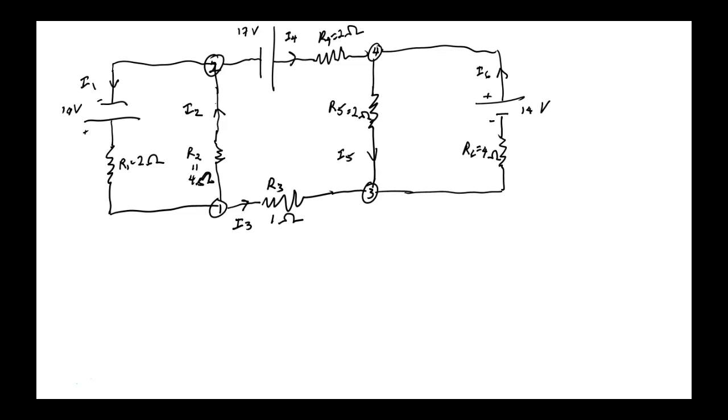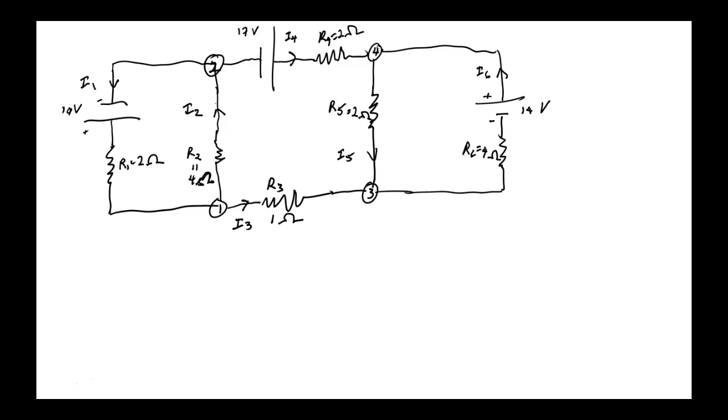Okay, we have 4 junctions, and we have 6 currents, and we have 6 resistors. Now they chose some pathways here. You could choose them or not.